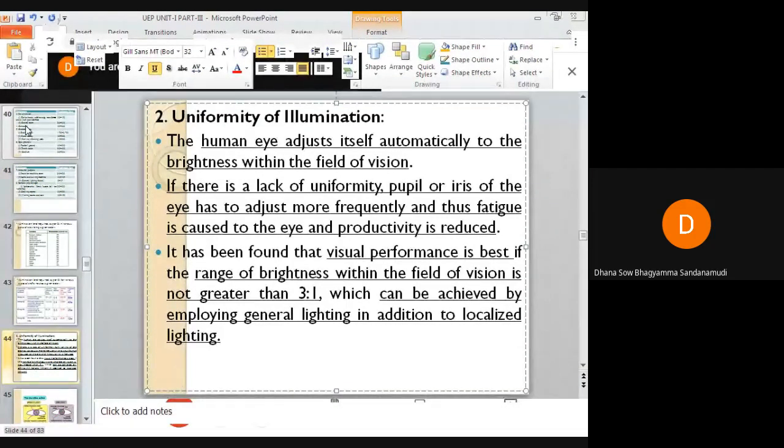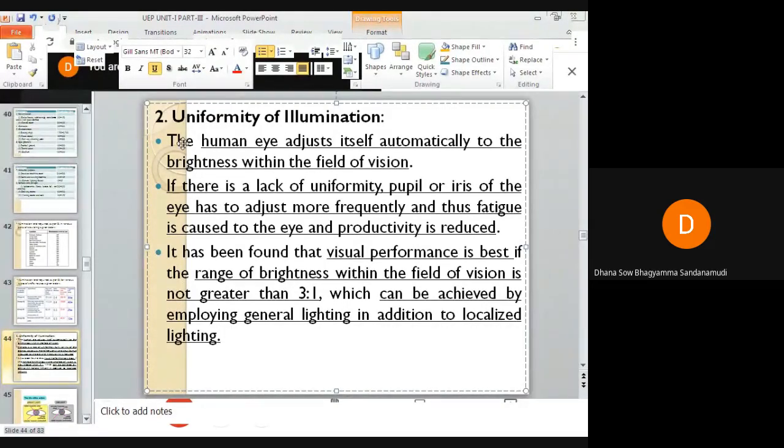Similarly our eyes also. As the surrounding light varies, when enough light is there to look at the objects around us, the pupil will contract. When enough light is not there, the pupil will expand. It happens automatically without our notice.